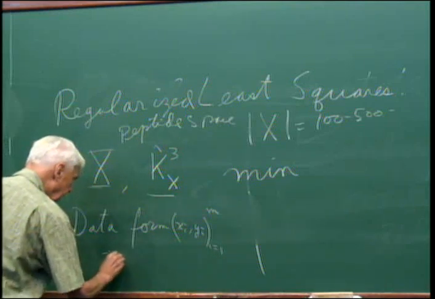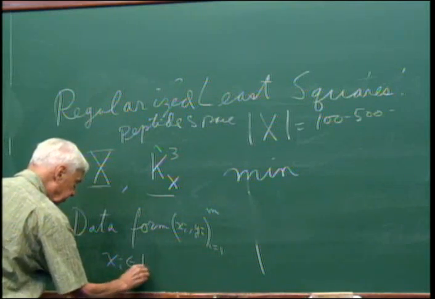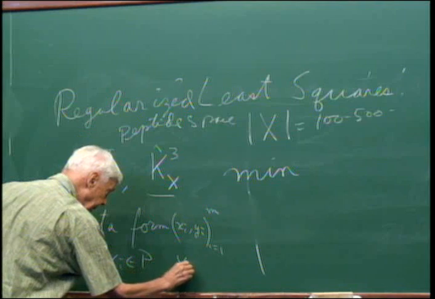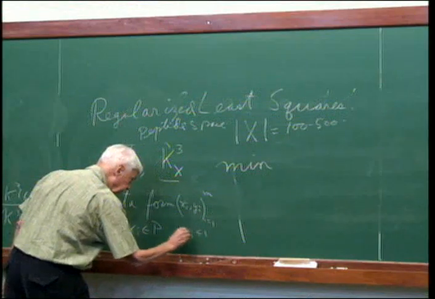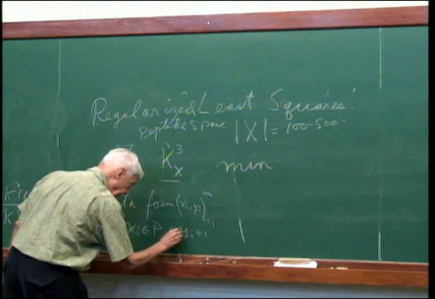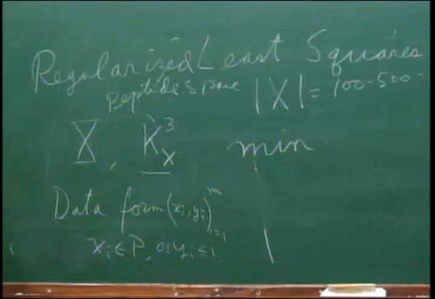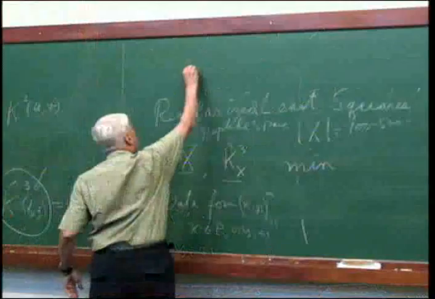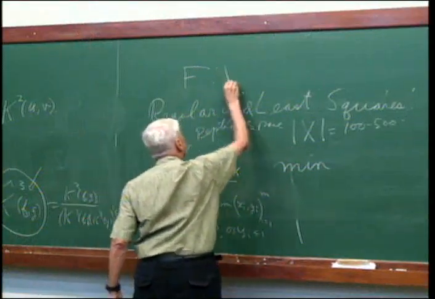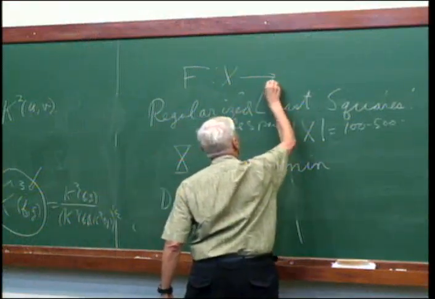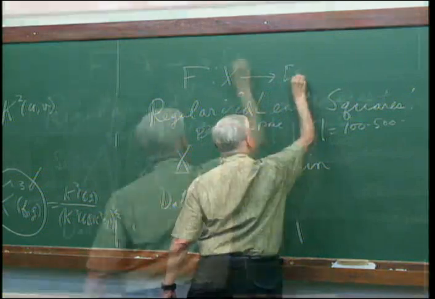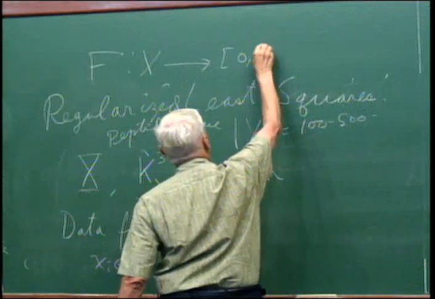So x_i belongs to the peptide space, and y_i just goes between 0 and 1. So that's the data. We're looking at the data of a function, a peptide binding function on X. So we're looking for this function f going from X to [0, 1], and we want to estimate this.